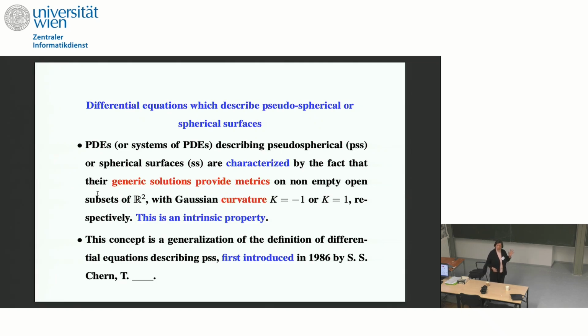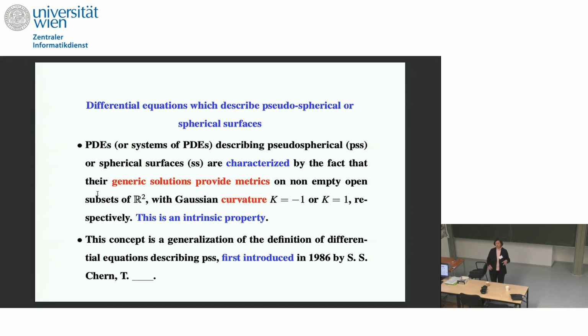What I was showing before was surfaces in R3. Here, I'm talking about just Riemannian metrics on open subsets of the plane. The plane is x and t. And, as I said before, we also extended this notion to differential equations describing spherical surfaces.